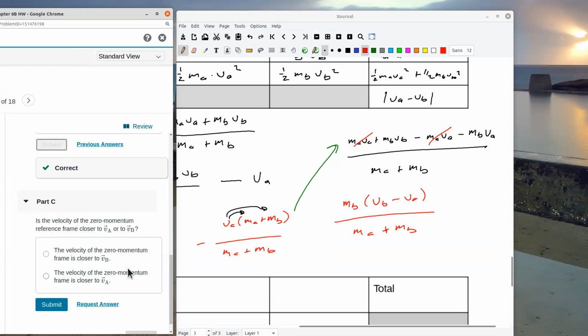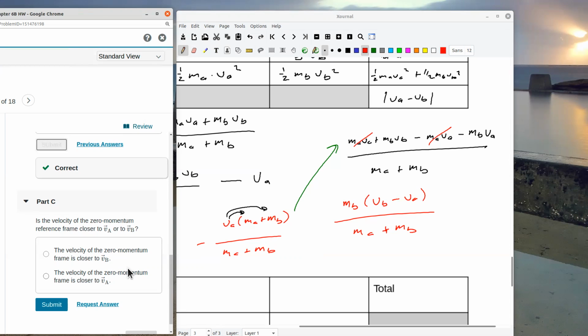Like if your system is the Earth and a satellite, the center of mass basically completely ignores the satellite, because the satellite has really tiny mass, or inertia, compared to that of the Earth. So it's the velocity of the Earth that's going to matter in figuring out what the center of mass of that whole system is doing.